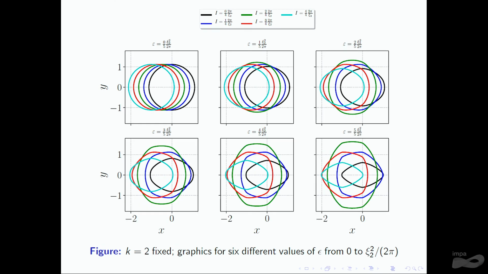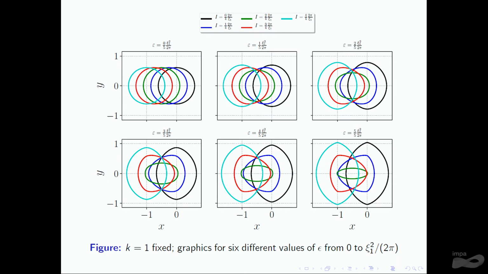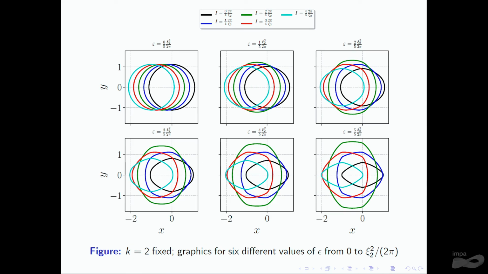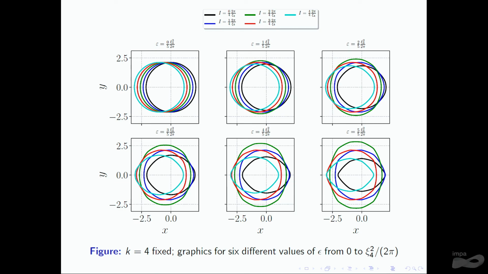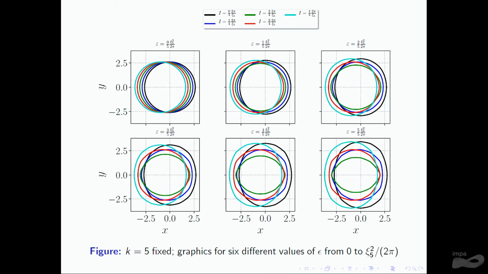And then as soon as I increase my k, I will get curves with more and more edges. Before there was just one edge, or maybe two if I was in the green in the middle. And then here I start getting more and more edges. So this is for k equal to 2, 3, 4, 5, and 6.